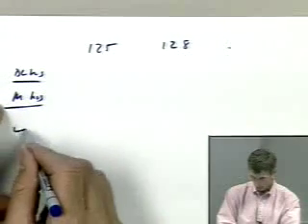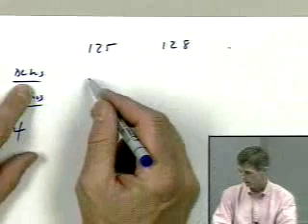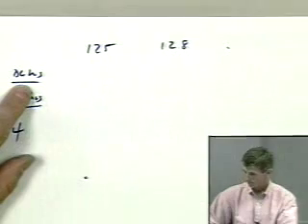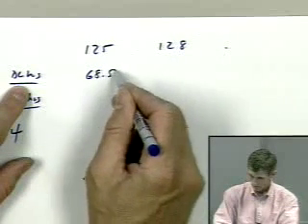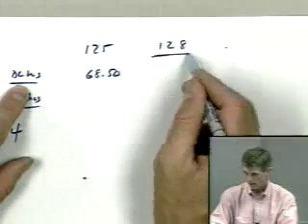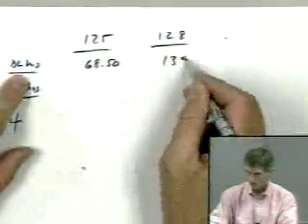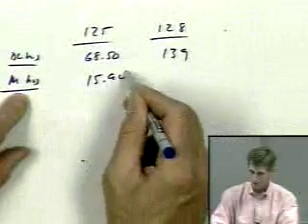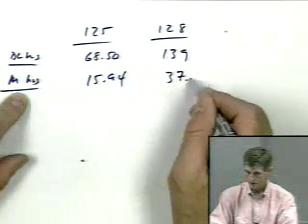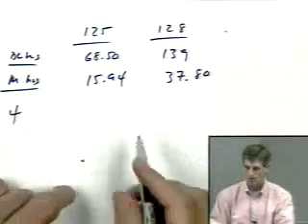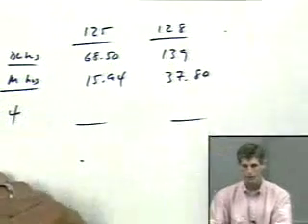And now we're going to have all four. So direct labor, 6850. 139. This was 1594. This was 3780. So now with all four, we'll compare all four in just a second.